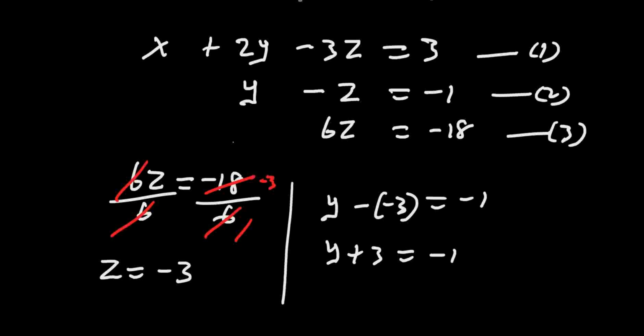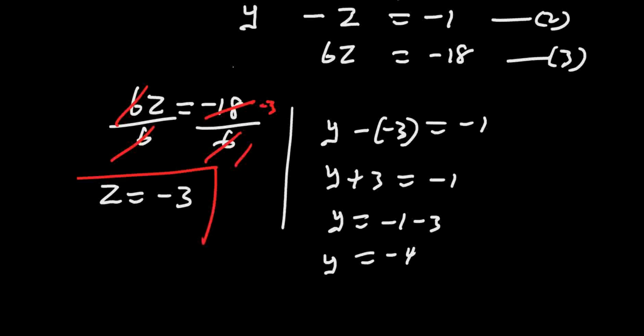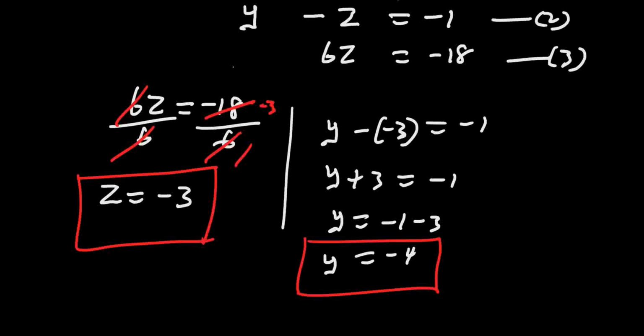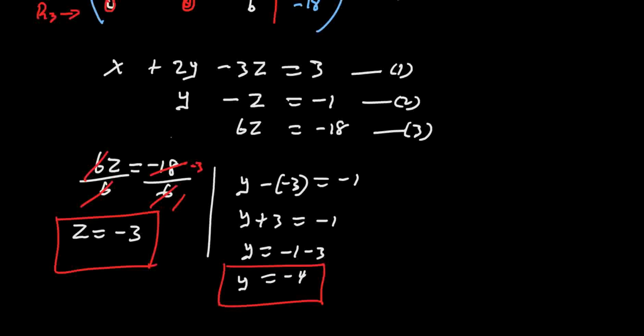Now subtract 3 from both sides, and y will be equals to negative 1, negative 3, and that will be equals to negative 4. So y is equals to negative 4. So you can see over here we have z to be negative 3. Here we have y to be negative 4. So we can now go back to equation 1 to find the value of x.